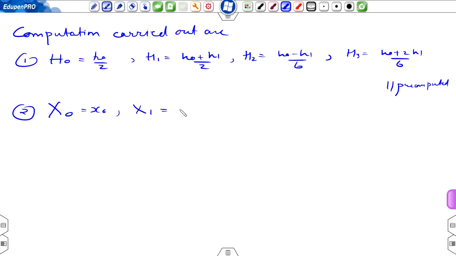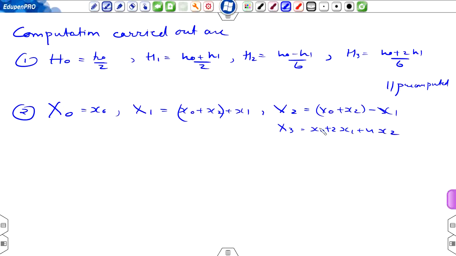Capital X1 is x0 plus x2 plus x1, capital X2 is x0 plus x2 minus x1, and capital X3 is x0 plus 2x1 plus 4x2.